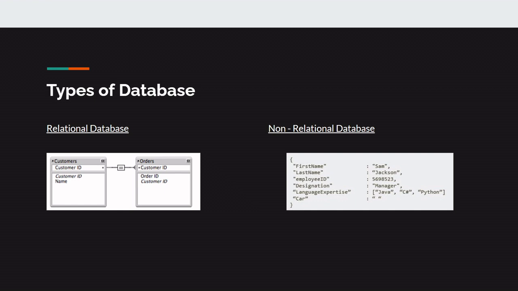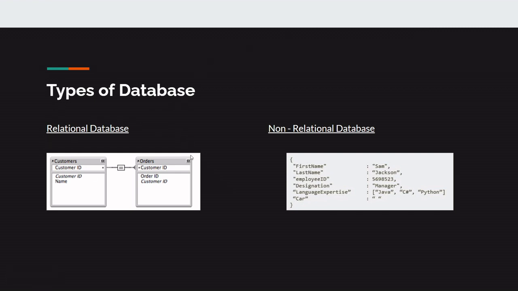On the other hand, in non-relational databases, the data is unstructured. You could get videos, images, or some JSON format type, like I have shown here. So our focus would only be on the relational databases.